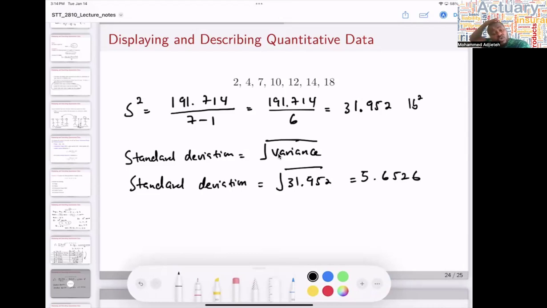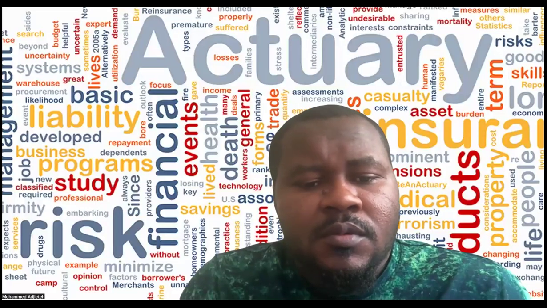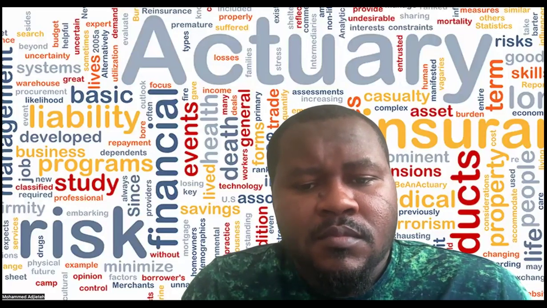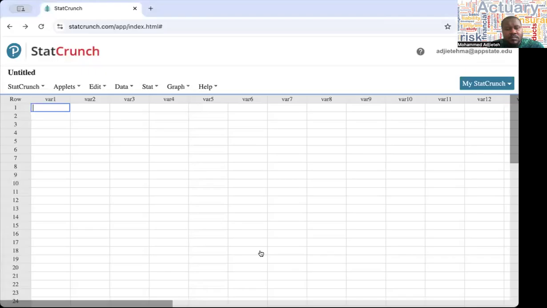And now we want to use StatCrunch to compute these numbers. So please open your StatCrunch and let's do that together. So this is StatCrunch.